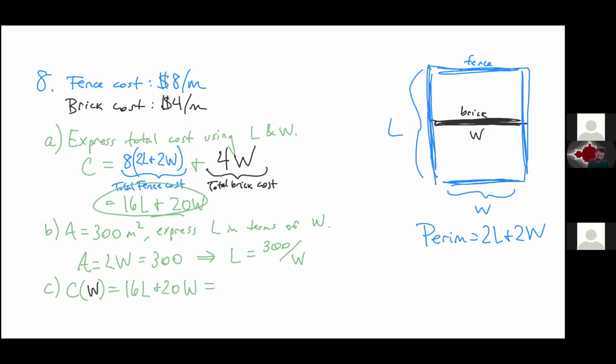And we know from part B that L equals 300 over W. So we can substitute that in for L. And we get 16 times 300 over W plus 20W. There's a bit of algebra to do there to make that look nice, but it's not too much work really. 16 times 300 is 4,800 over W, and then we still have the 20W hanging out there.